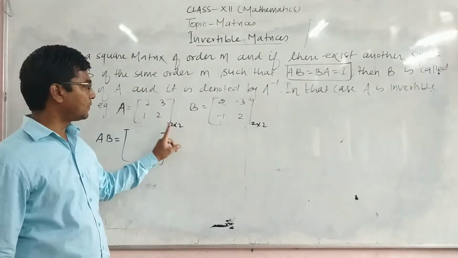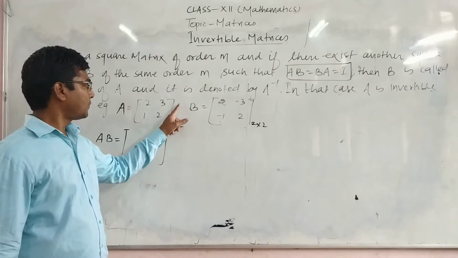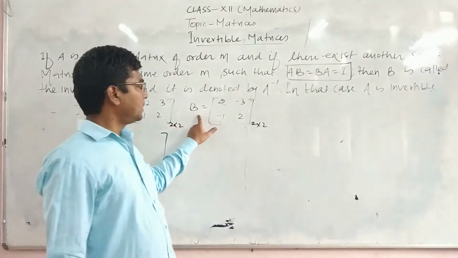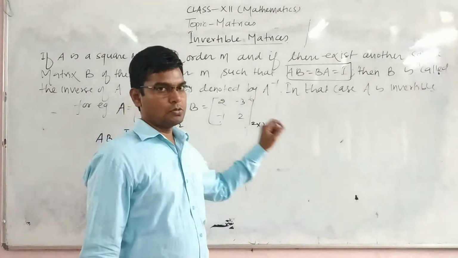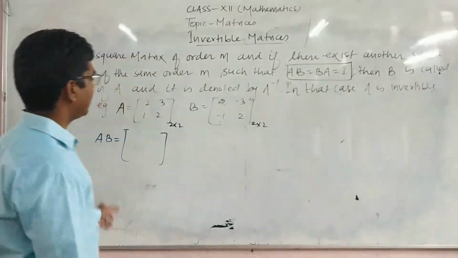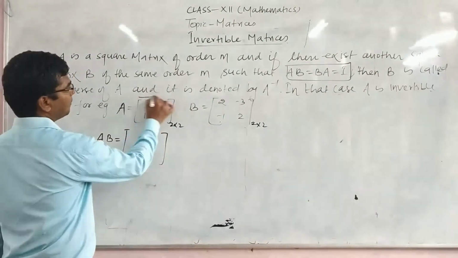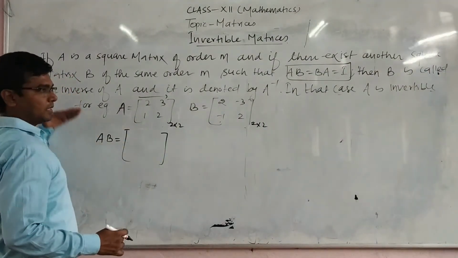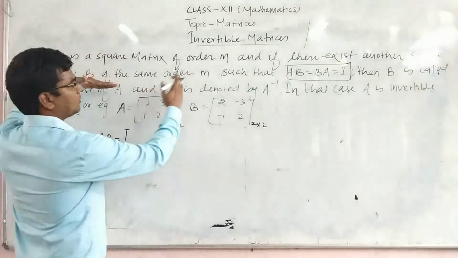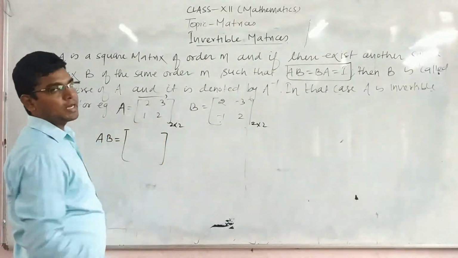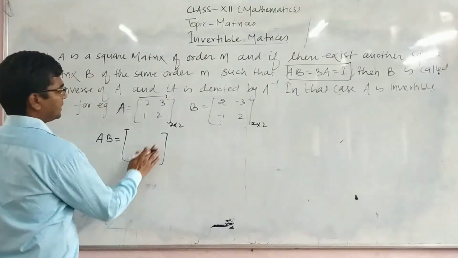The number of columns of the pre-multiplier must be equal to the number of rows of the post-multiplier. Only in that case you can multiply. And how does this multiplication take place? First row multiplied with first column, the corresponding elements will be multiplied.